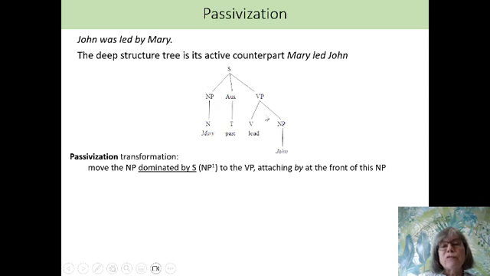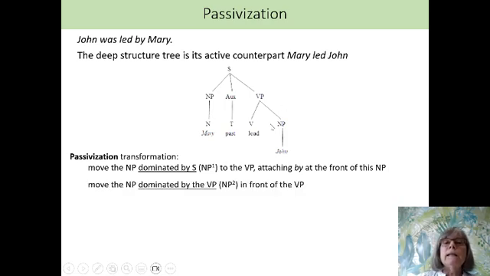We're just going to move it to after the verb, and we're going to attach by in front of it. So by Mary moves over here to the VP. The noun phrase that's dominated by the VP, which is usually an object, is going to move in front of the verb. So we're going to move John over in front of the verb.